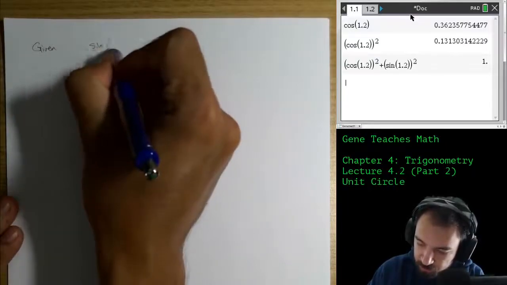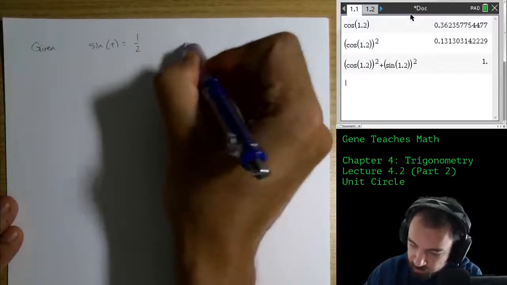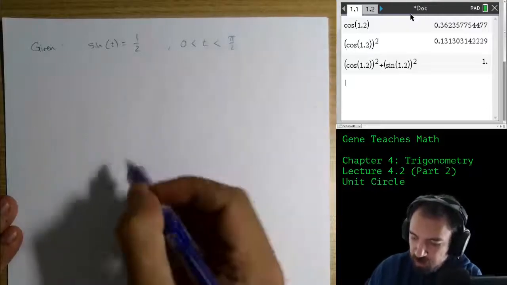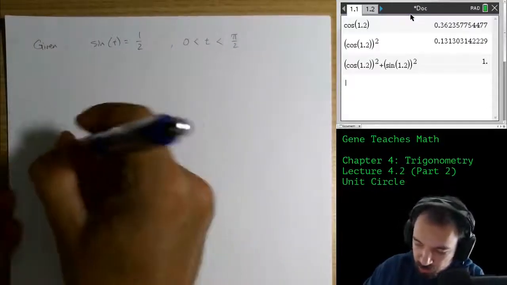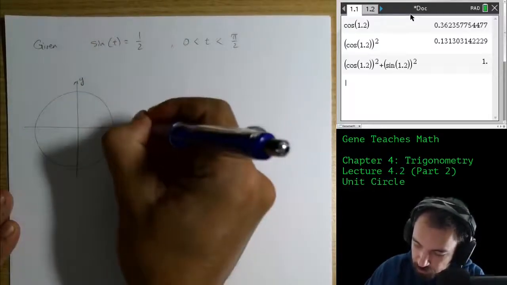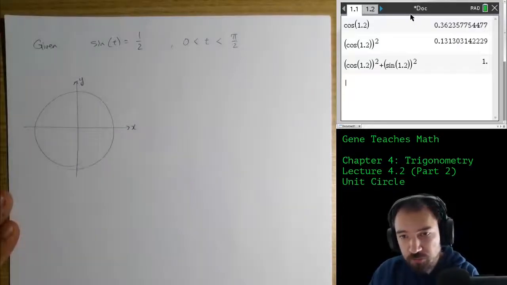Let's imagine another scenario where we are given that sine of an angle t is 1/2, and 0 is less than t is less than pi over 2. So what that means to us, if we quickly sketch this, is that the angle t is between 0 and pi over 2. So we know we're in the first quadrant.